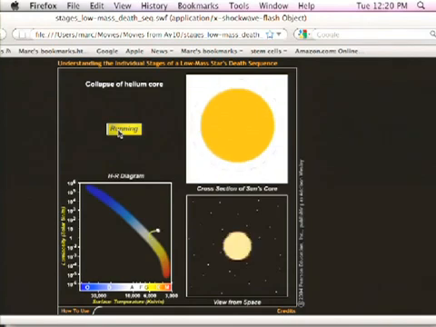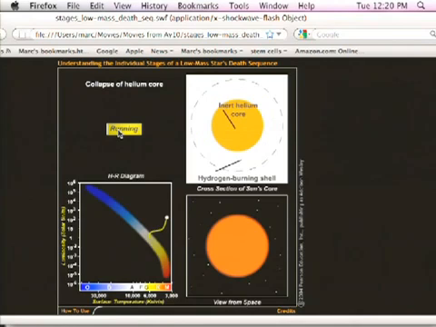Okay, the core is shrinking. This inert core has shrunk all the while, and meanwhile hydrogen is burning on the outside. The star has moved off the main sequence, and the star has gotten larger and redder. So that is what is happening to the star.